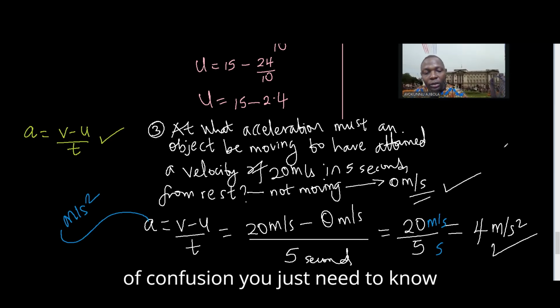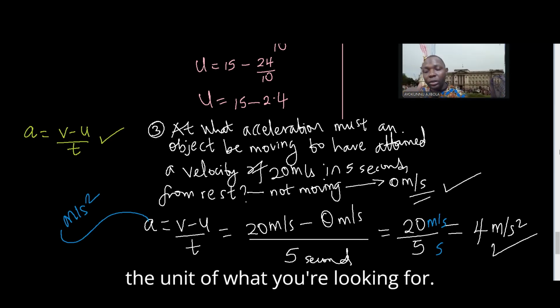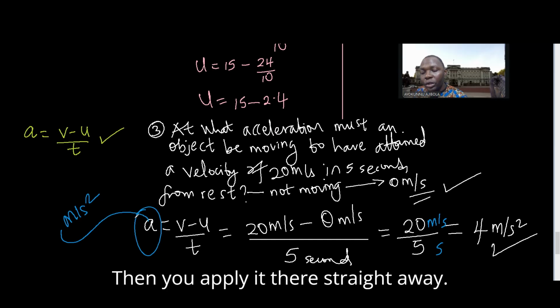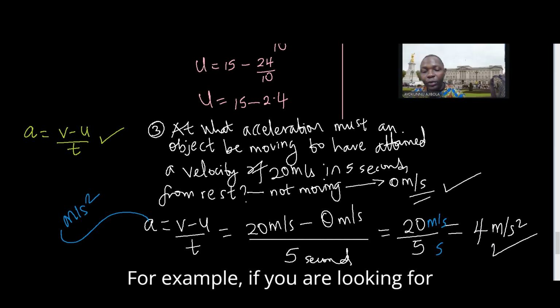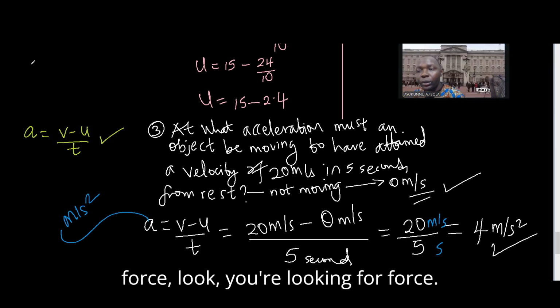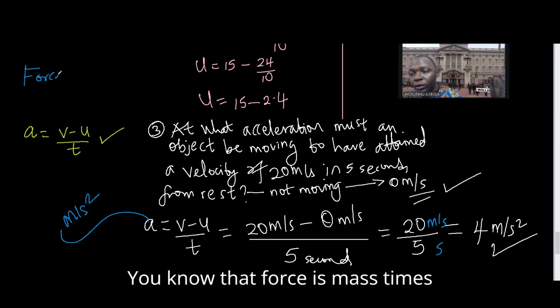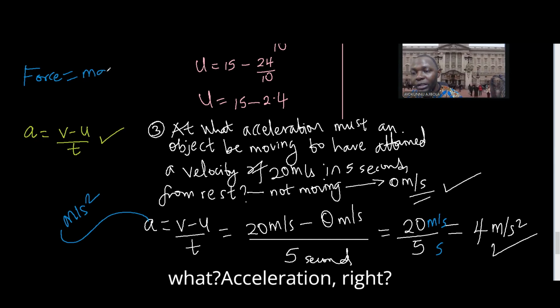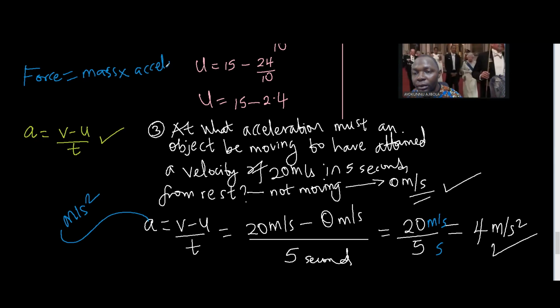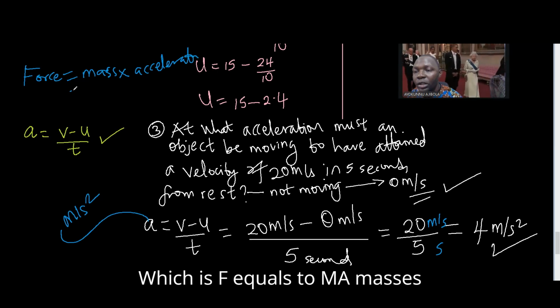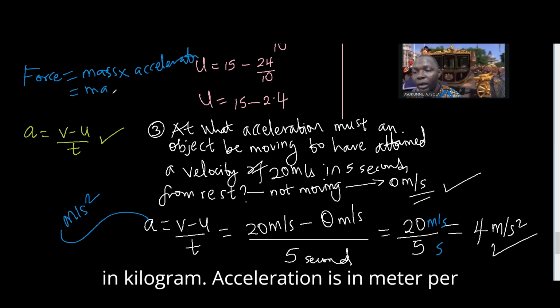Okay. But in case of confusion, you just need to know the unit of what you're looking for, then you apply it there straight away. For example, if you are looking for force, you know that force is mass times what? Acceleration, right? Which is F equals ma. Mass is in kilogram.